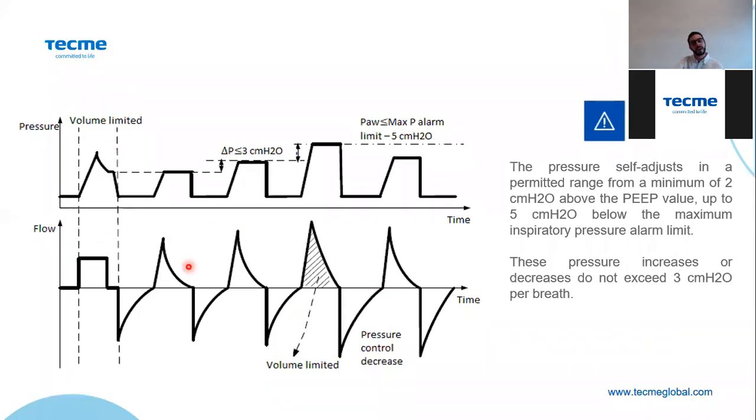This is a great graphic of this ventilatory mode. This is the first breath. It's a VCV breath, and then it starts the PRVC mode.